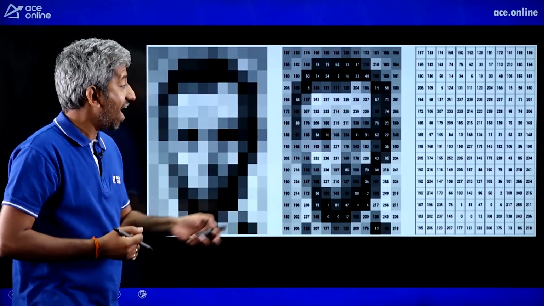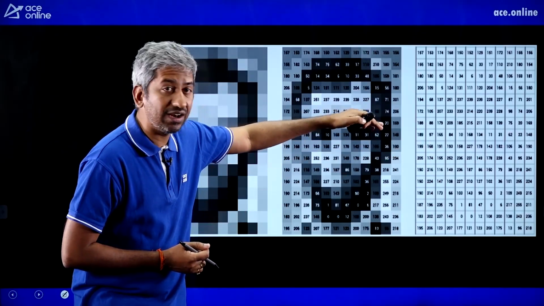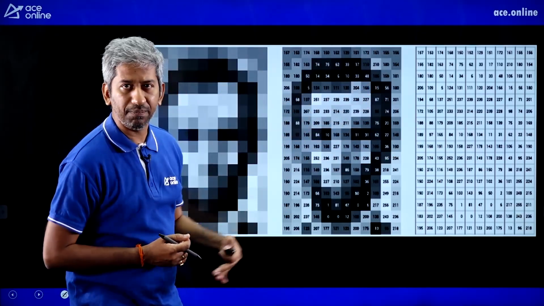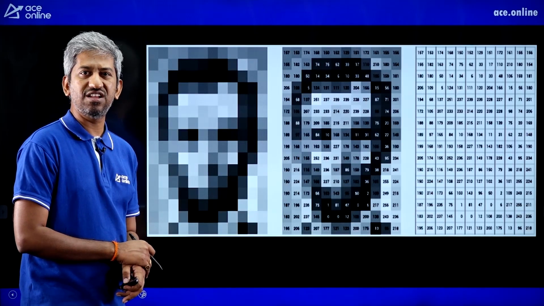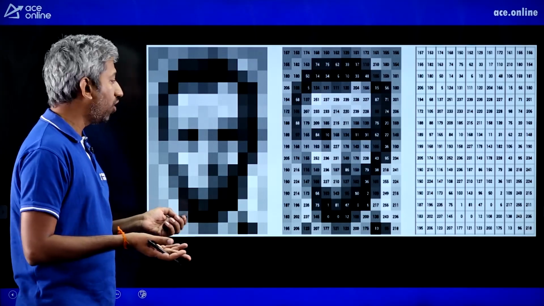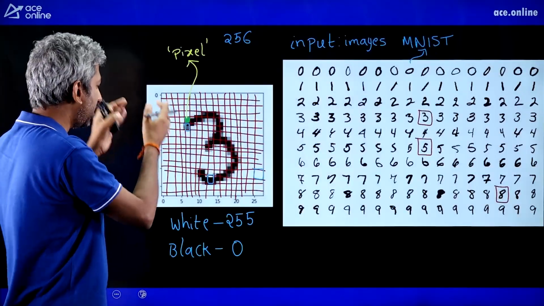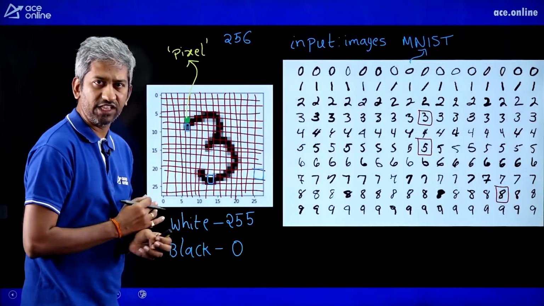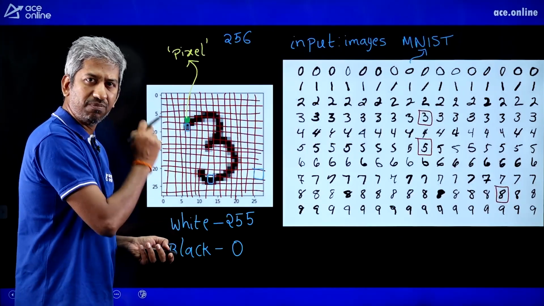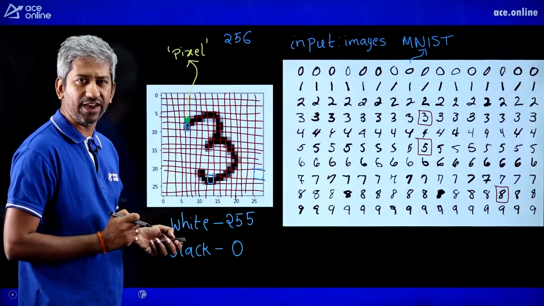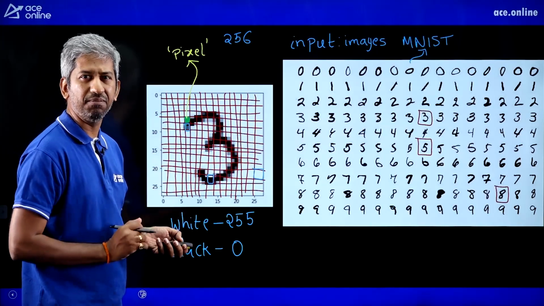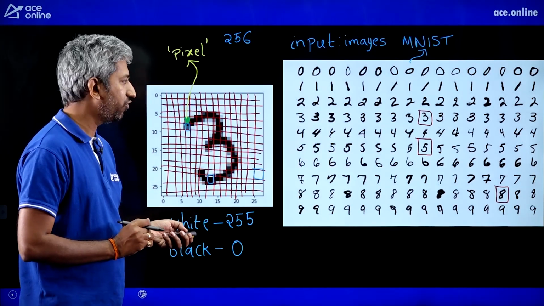So that means as the gray intensity is becoming lighter and lighter, the corresponding pixel number is increasing. Did you understand the idea? So what we have done here is we pixelated the image, and for each and every pixel, its corresponding color intensity has been taken. Very simple idea, but a powerful idea.